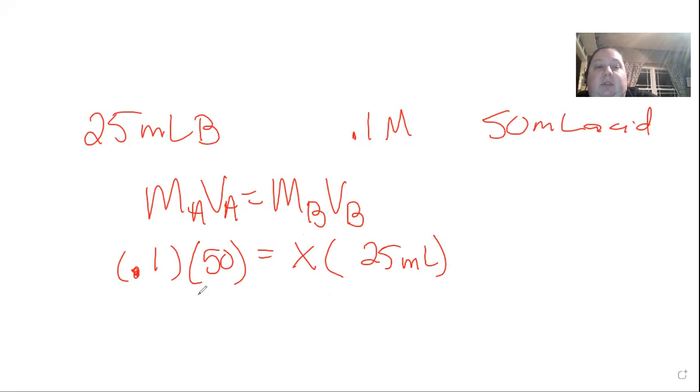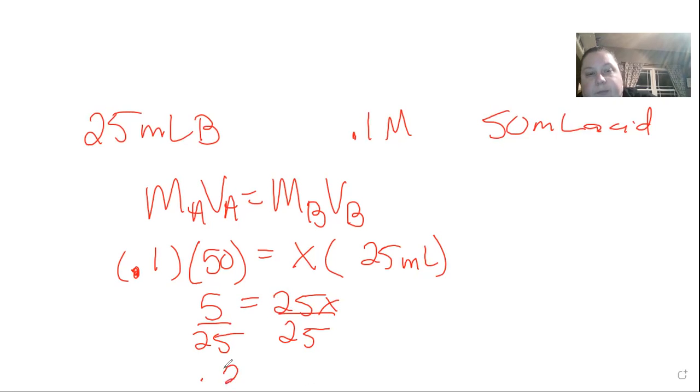So 0.1 times 50 is 5, equals 25x. 5 divided by 25 is 1/5. That's 0.2. So my base would have a concentration of 0.2 molar.